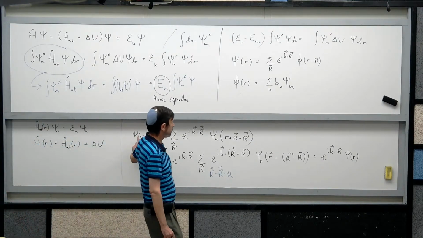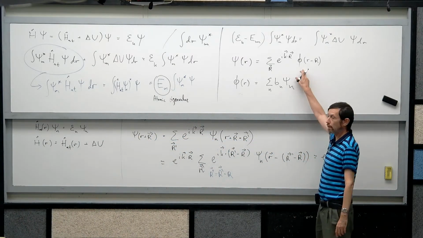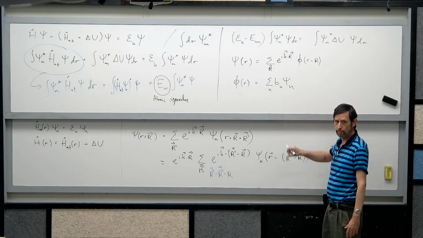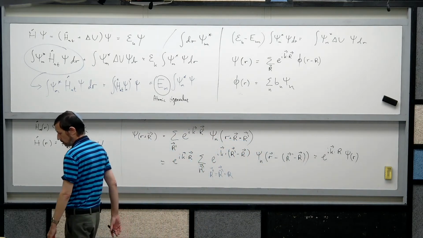I'm going back to this equation, just writing it down. And I wrote here phi instead of psi n, just to make the point that I can have a linear combination.